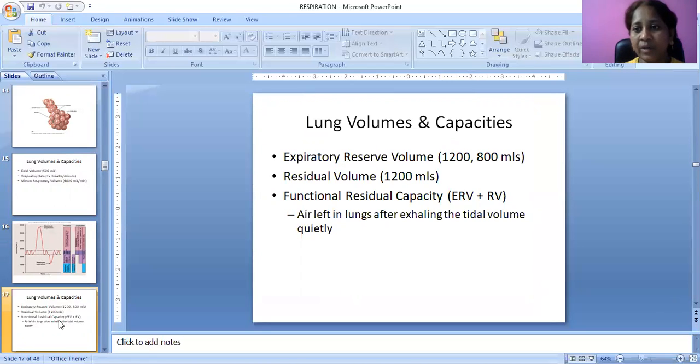Coming to lung volume and capacities, expiratory reserve volume is 1200 and 800 milliliters. Residual volume is 1200 milliliters. Functional residual capacity is the air left in the lungs after exhaling the tidal volume.